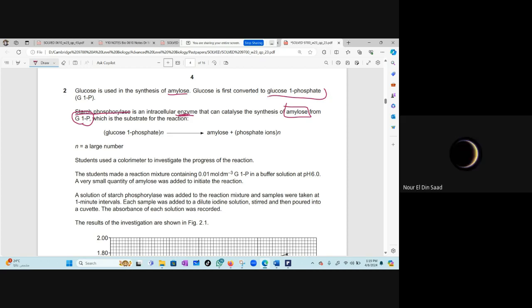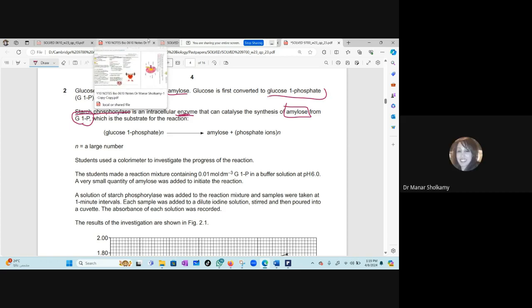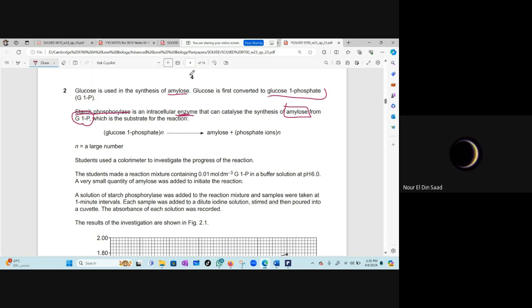Lipid. No, wait, amylose and amylopectin. Yes, carbohydrate, right. Starch. The amylose is the coiled part of the starch, not the branching part. It's starch. It's important to remember that because they will tell you that there will be color changes with iodine.